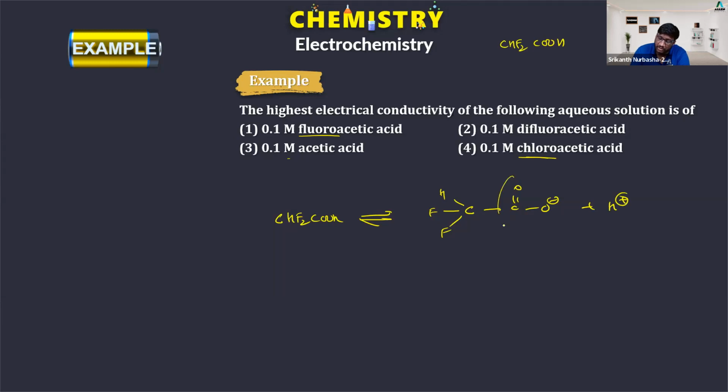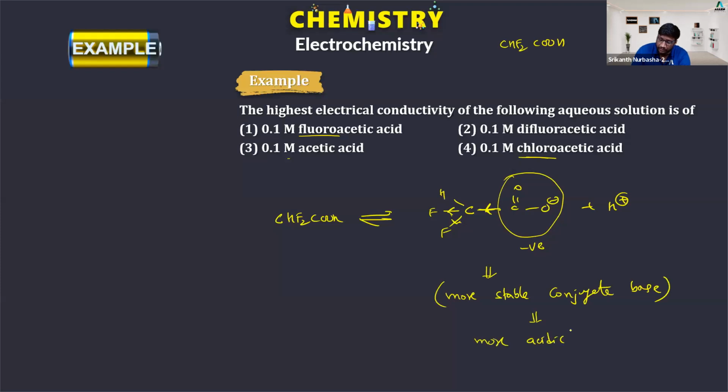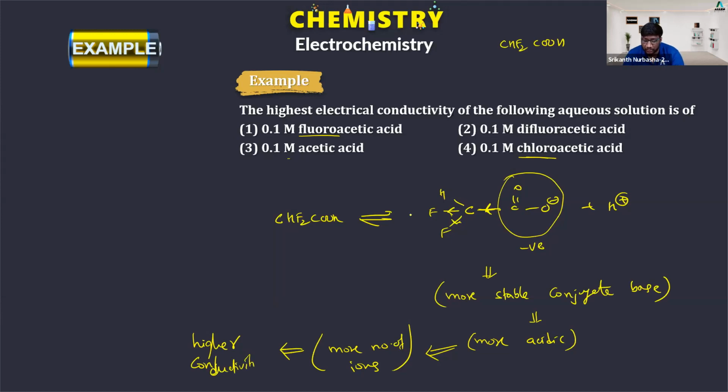This conjugate base already has a negative charge, and the fluorines are electron withdrawing, so the CHF2 group withdraws electrons and stabilizes the conjugate base. More stable conjugate base means more acidic, more acidic means more ions, and more ions means higher conductivity. So the conductivity is higher for CHF2COOH because of dissociation of the OH bond, and the conjugate base is more stable due to the electron withdrawing tendency of the CF bond.